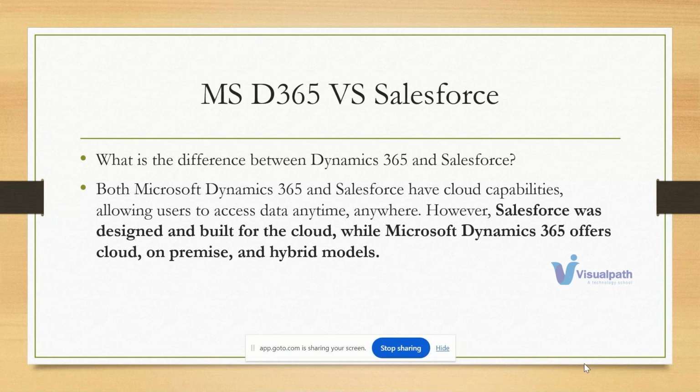Why do they use the on-premise version? Not only banking applications, but banking or financial industries mostly have on-premise versions because of security purposes. With the on-premise version of the Dynamics application, you will have a dedicated server.